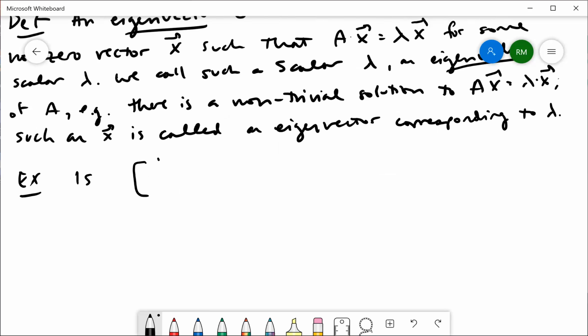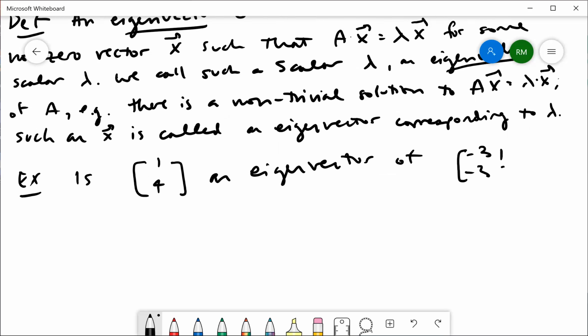All right, let's answer a question. Is the vector 1, 4 an eigenvector of this matrix? Well, there's only one way to find out. Let's multiply it.